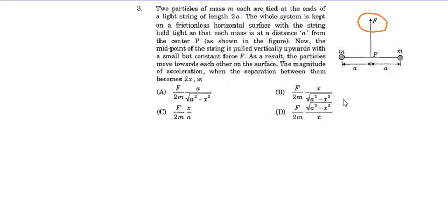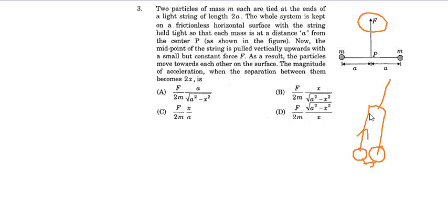Let's assume this particle is moving, and there is a time when the separation becomes 0, like this. So this separation basically is 0. Now what happens if the separation is 0?